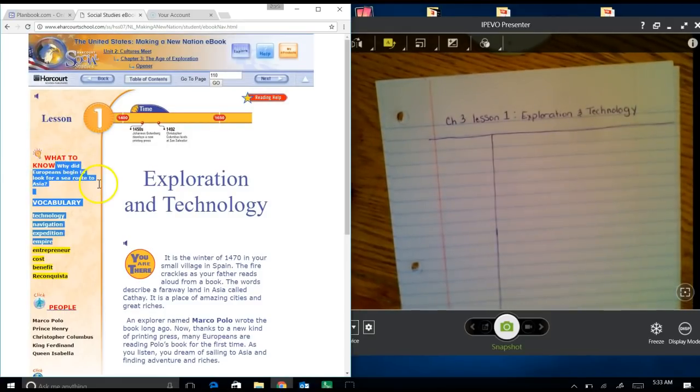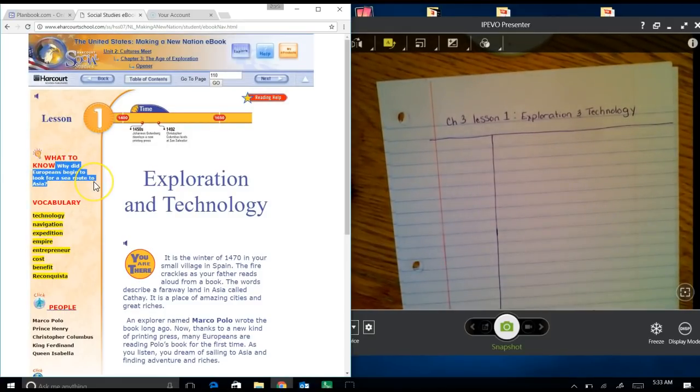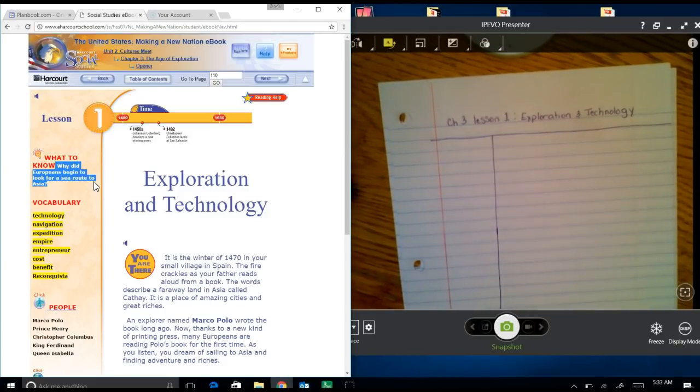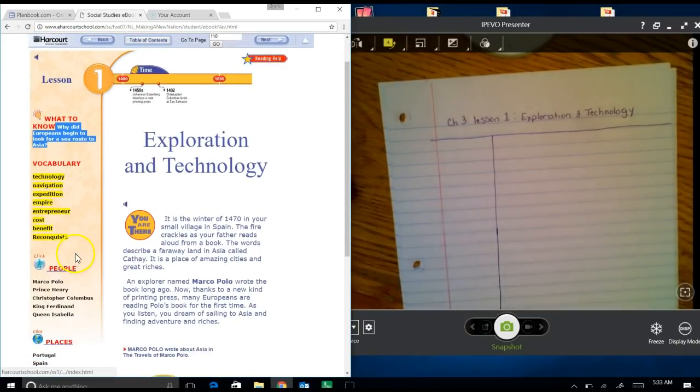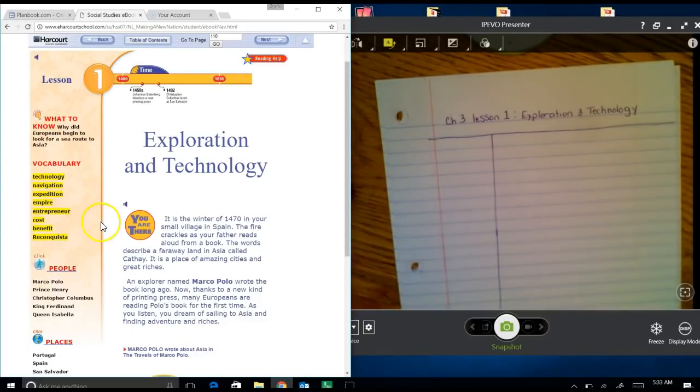This gives me a big question that's probably going to be important for me to pay attention to. So as I'm reading, I'm going to want to focus on this big question, since that's obviously what they want me to learn throughout this lesson. Okay? As you can see, in our book, vocab is also highlighted in yellow, so that makes it nice and easy for me to follow.